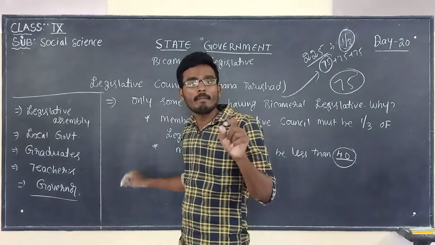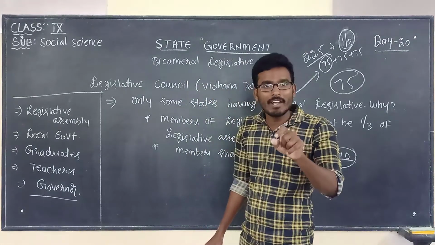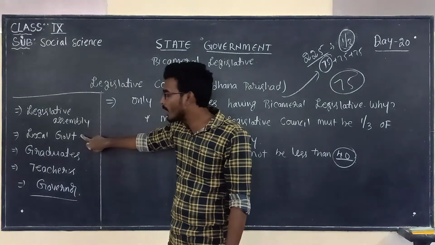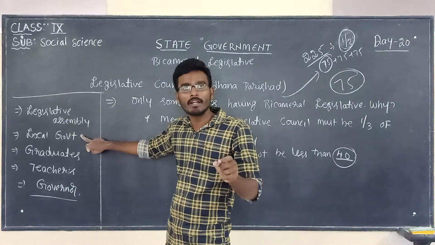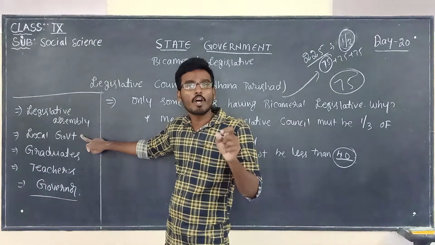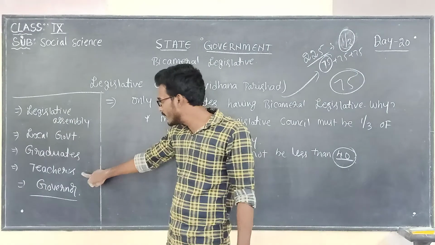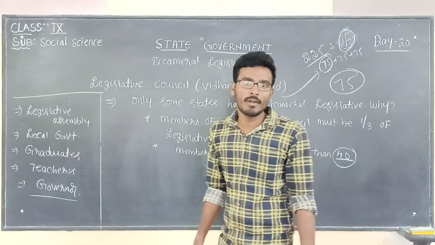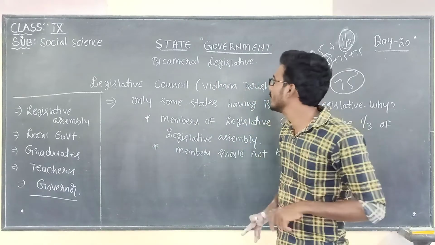So the members of the Legislative Council are represented from 5 areas: members of the Legislative Assembly, local government, which is nothing but Jilla Panchayat, Taluk Panchayat, and Gram Panchayat, graduates, teacher constituency, and finally some members appointed by the governor of a particular state.